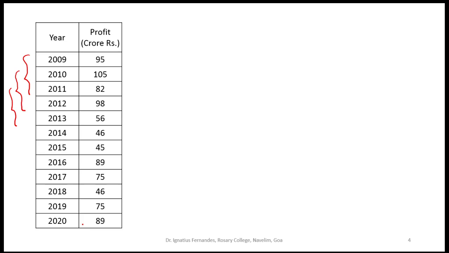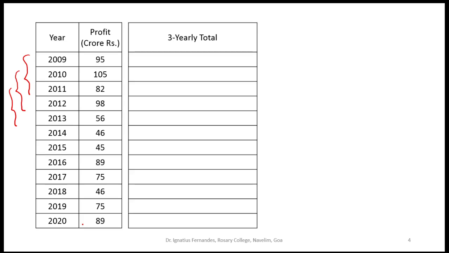That's why it is referred to as 3-yearly moving averages, because we move from the first year to the last year. In finding the 3-yearly average, you add the 3 values and then divide by 3.